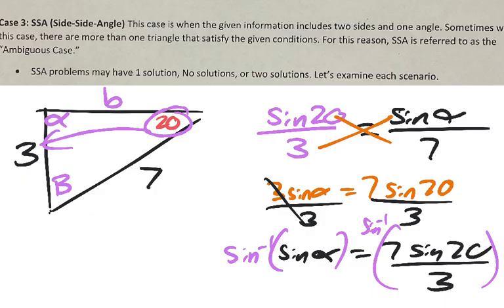Now, what we did just find out was we found alpha to be 52.9. Well, think about what would happen if this was the case. If alpha was 52.9, what would beta be? Well, it would be 20 plus 52.9 is 72.9. 180 minus 73 is 107.1.